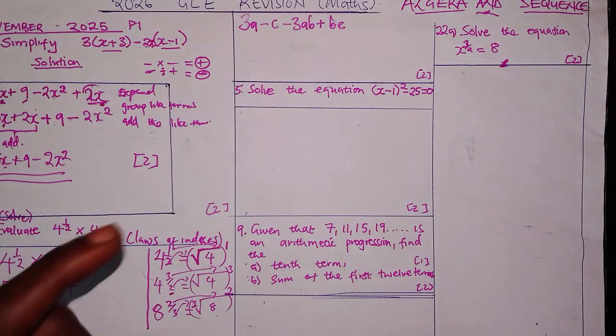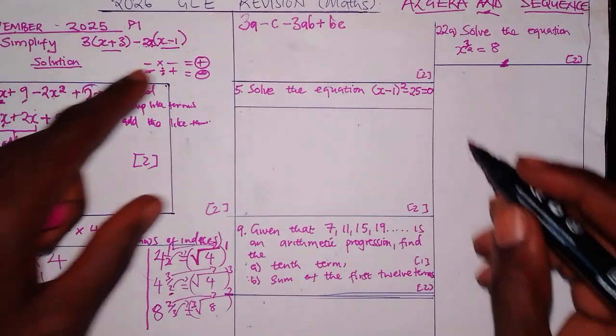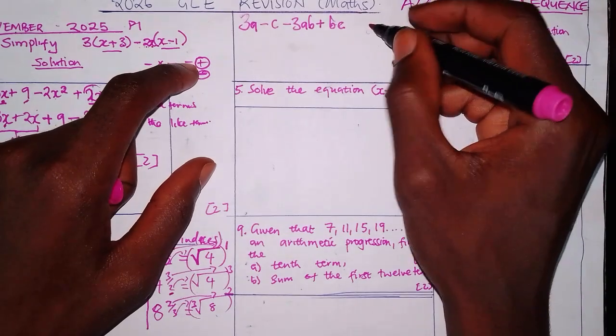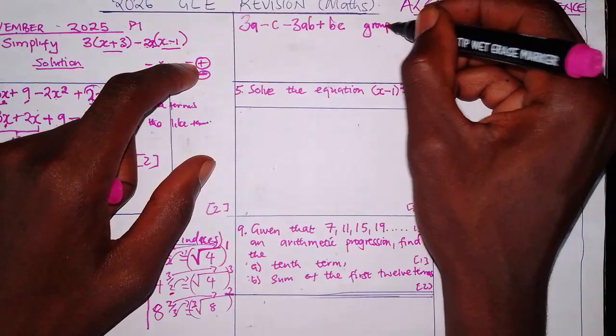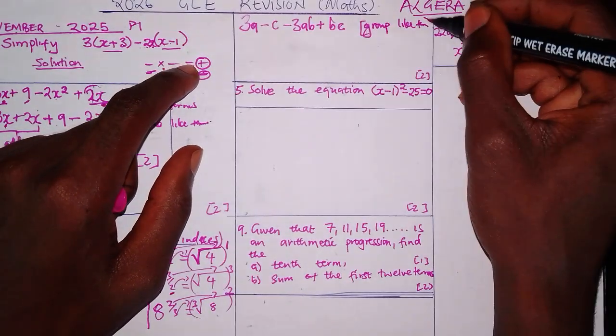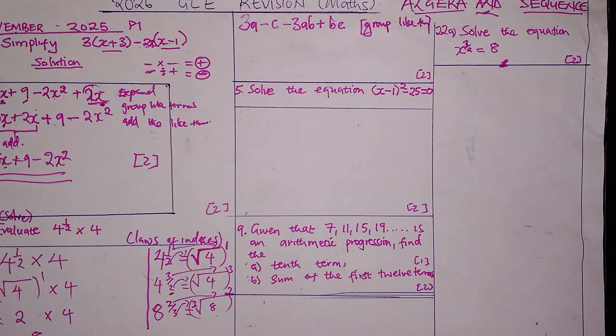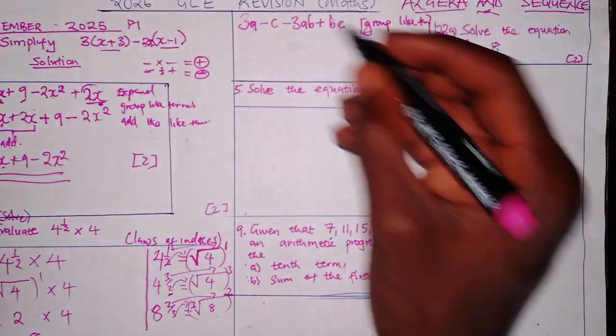So how can you factorize this? Step 1 is group the like terms. Again, I repeat, group the like terms with common things. Here, the like terms should have common things, which can either be a or c.